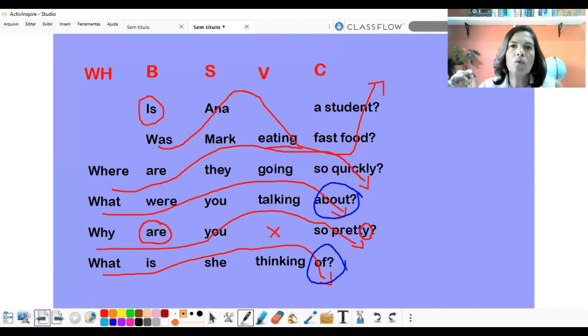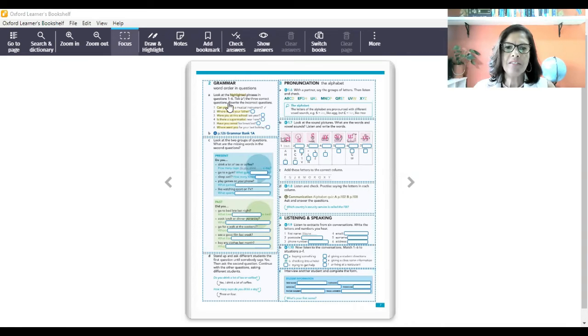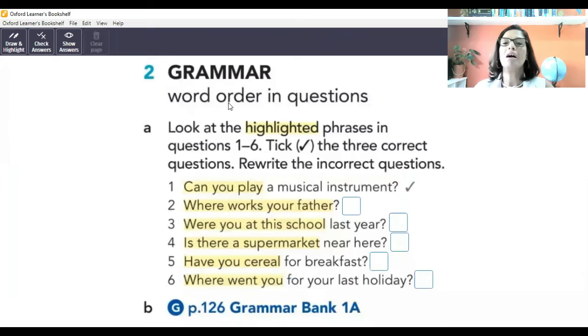Now we are going to the book, okay? Page 7, grammar, exercise 2, okay? So get your books and open it on page 7, exercise 2. Exercise 2, grammar.